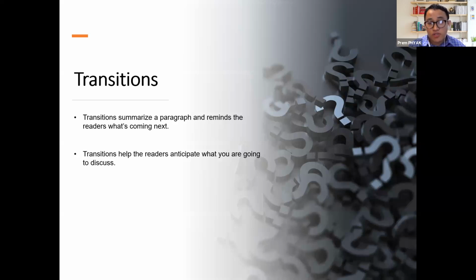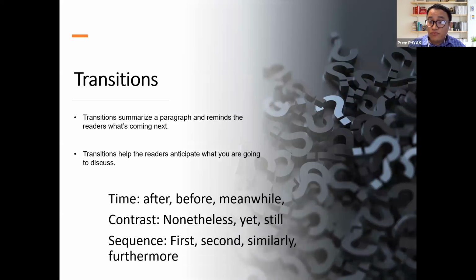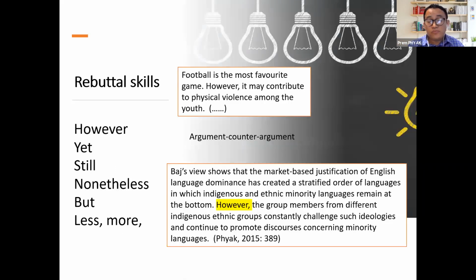Transitions help the readers anticipate what you are going to discuss. There are different ways to maintain transition. One is using words that describe temporality, for example, after, before, meanwhile, and for contrast, nonetheless, yet, still, and for sequence, like first, second, similarly, and furthermore, all those things.